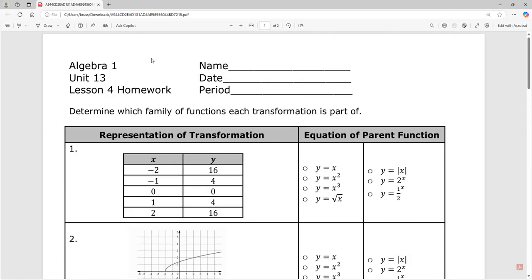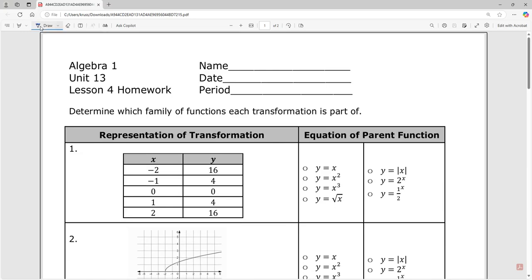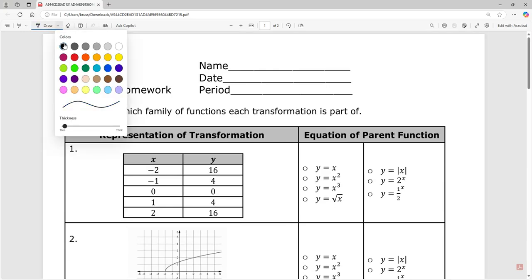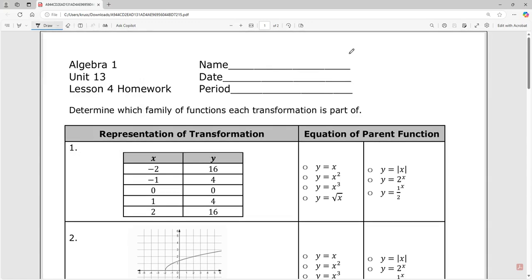All right. So, what are some things that I can evaluate to see what type of function it is? First thing is the rate of change, the rate of change of y compared to x, or y over x.